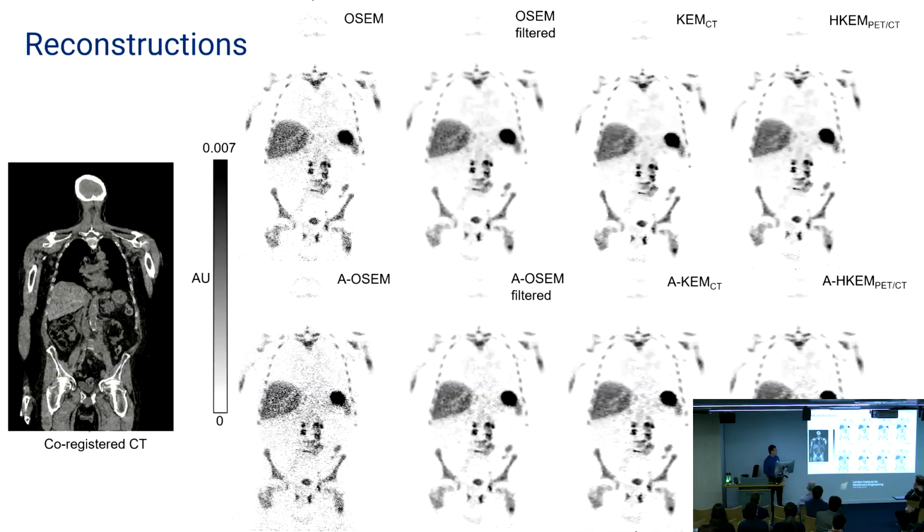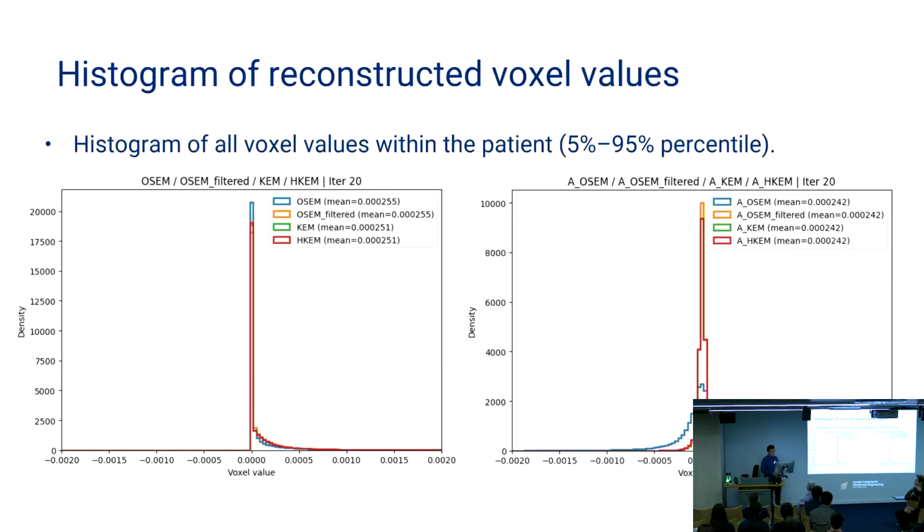On the second row are the versions allowing for negative voxel values. From the visualization, we cannot see many differences between the first row and second row. Of course, the second row should be a little bit noisier than the first row.